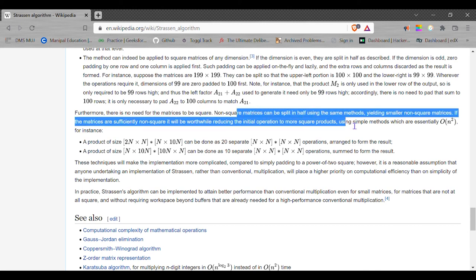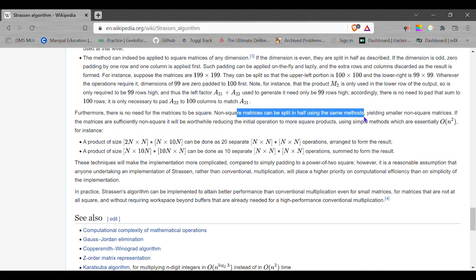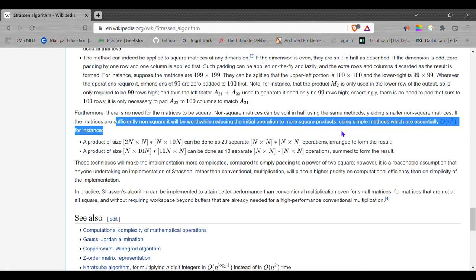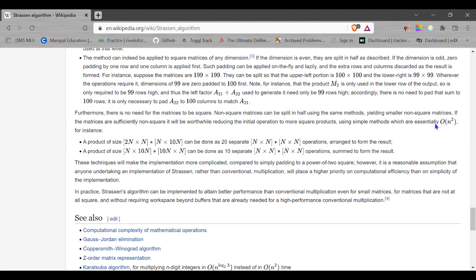Non-square matrices can be split in half using the same method, yielding smaller non-square matrices, and then they are sufficiently non-square to be worthwhile reducing the initial operations to more square products using simple methods. Okay, so like 2n cross n into n cross 2n can be separated as n cross n into n cross n, and then finally operations can be arranged in separate situations.